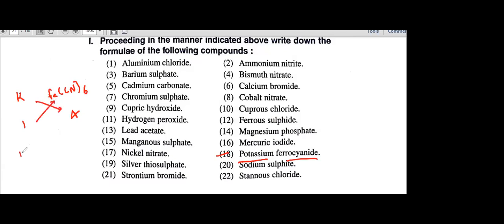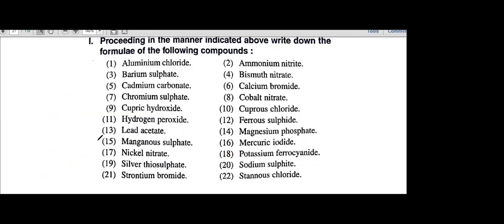K4Fe(CN)6. Okay, Tanushree, got this? Yes, sir. Okay, any other doubts till question number 22? No doubt, sir.